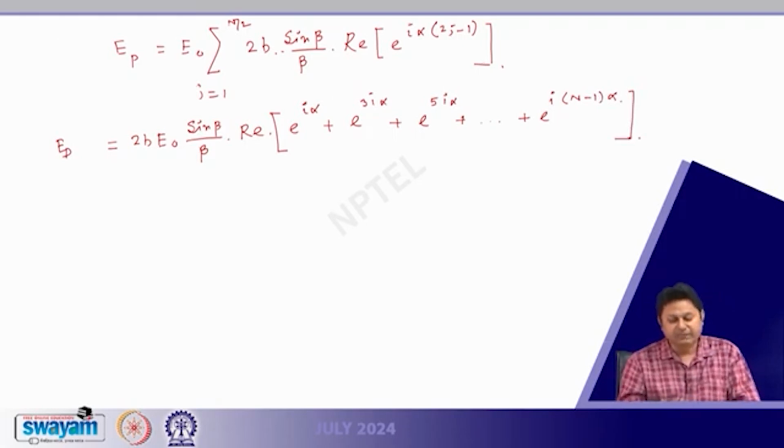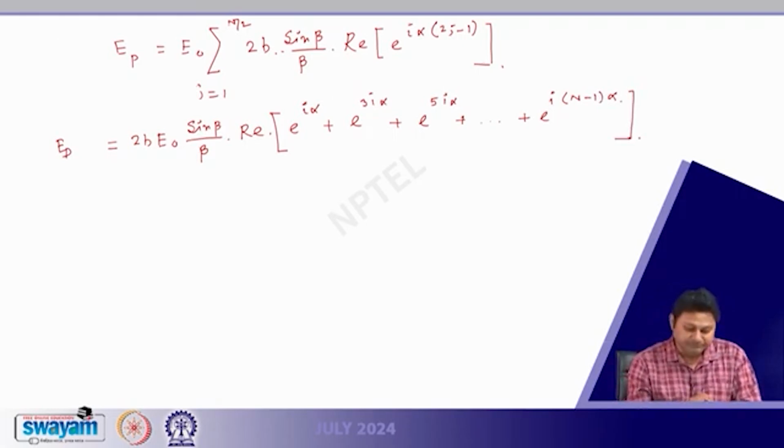I just put the value of the j to make this sum. Now, this is an interesting looking sum, so I need to first execute that. So, let us see how to do that.